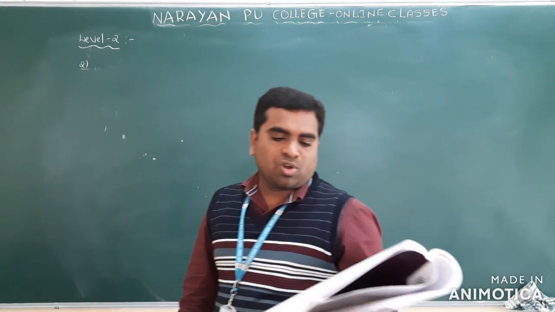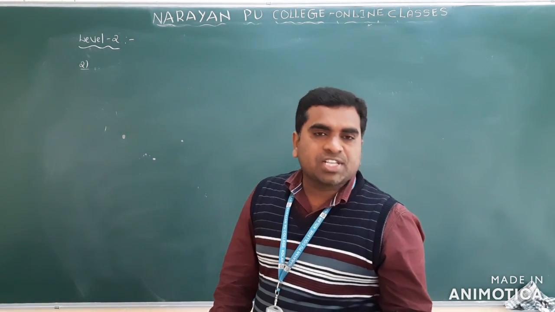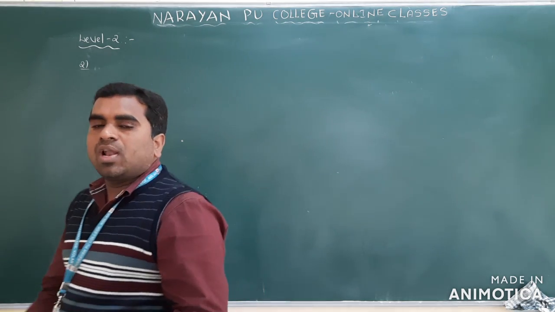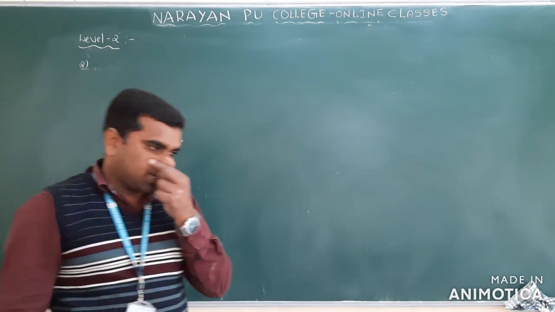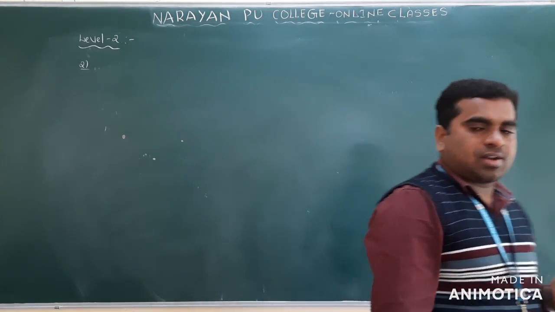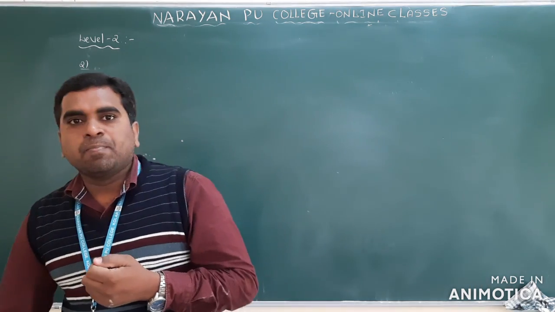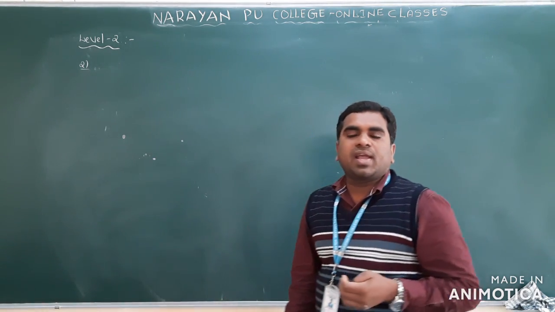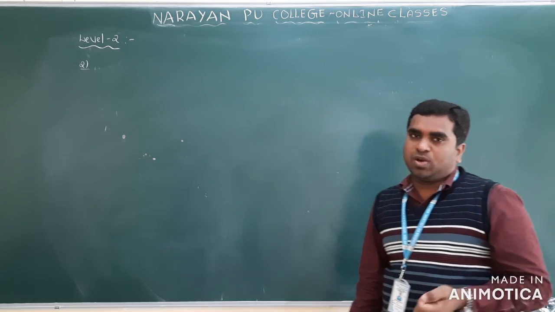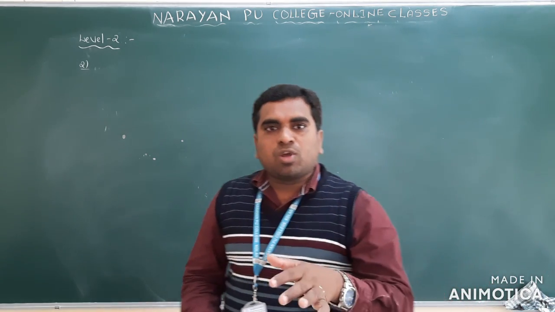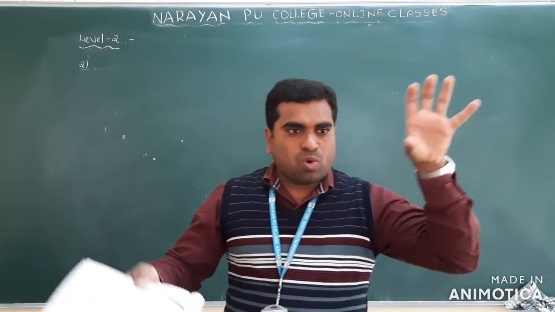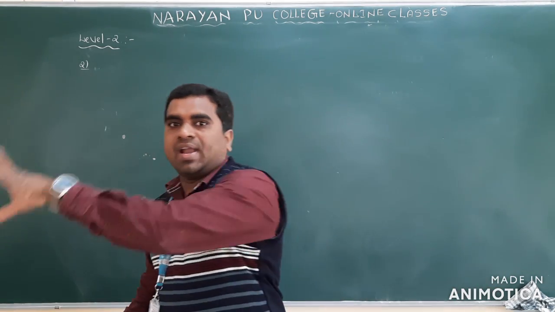So see the second question. Which of the following molecules are expected to exhibit intermolecular hydrogen bonding? I already mentioned hydrogen bonding at the end of the chapter. We have two types of hydrogen bonding: intermolecular hydrogen bonding and intramolecular hydrogen bonding. Intermolecular means among the molecules, one molecule, another molecule and another molecule.